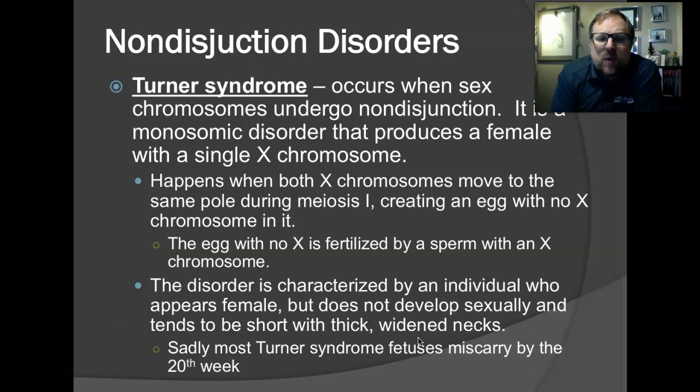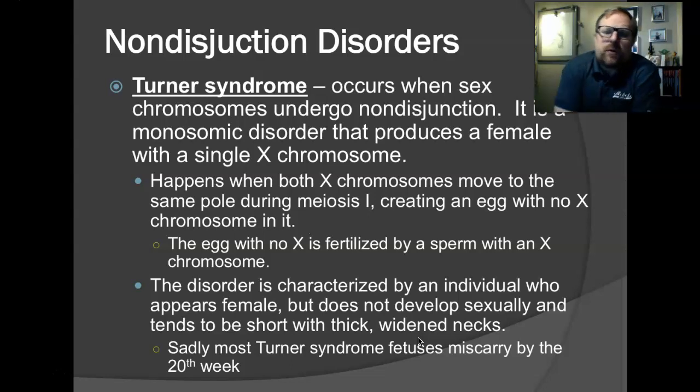This happens when both X chromosomes move to one pole during meiosis, creating an egg with no X chromosome in it. Then the egg with no X is fertilized by a sperm with an X chromosome, and we end up with what we call Turner syndrome, with one single X chromosome.